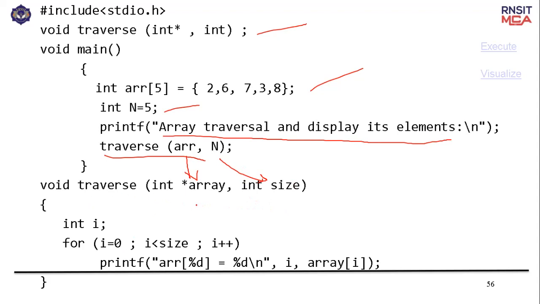As soon as you do that, what happens? Array is a pointer that is pointing to the first element, that is 2, and the size will be 5.